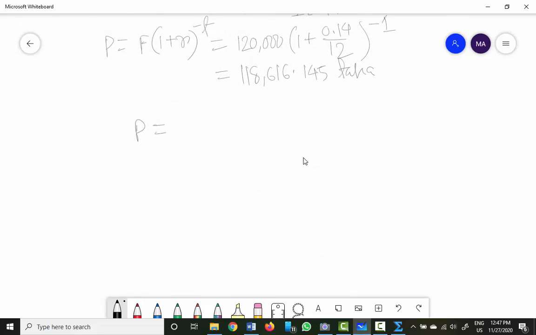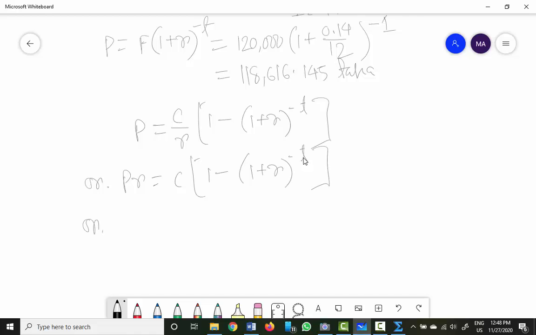So C by R, 1 minus 1 plus R power minus T. This is the formula. If you do cross multiplication, we get P is equal to C by R times 1 minus 1 plus R power minus T, where P is the present value of the loan.